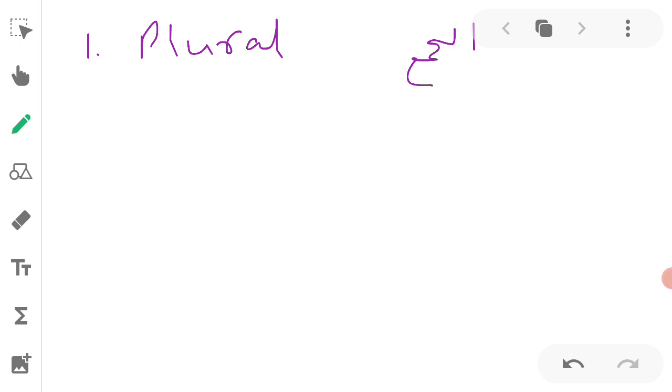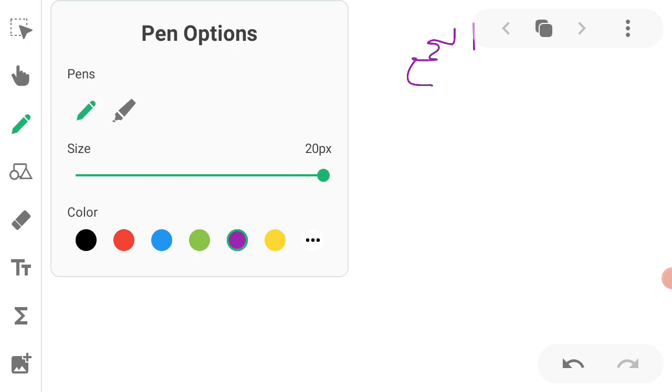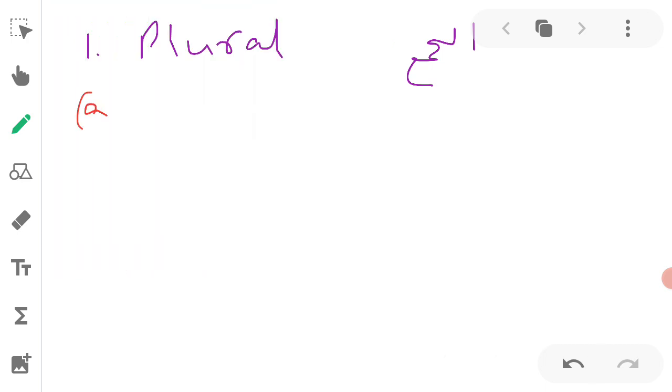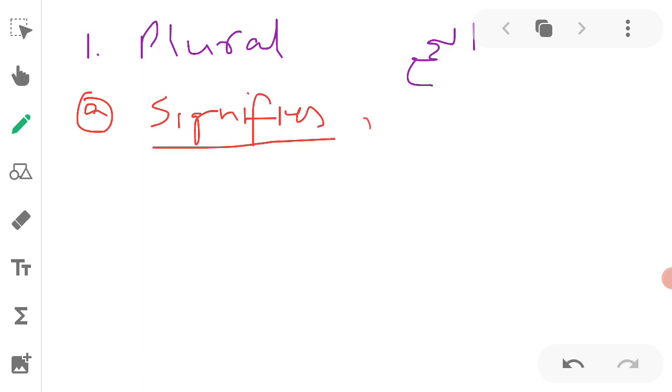The first condition, it shares with all types of plurals, and that condition is that a plural in Arabic language is what signifies more than, not just more than 2 of.